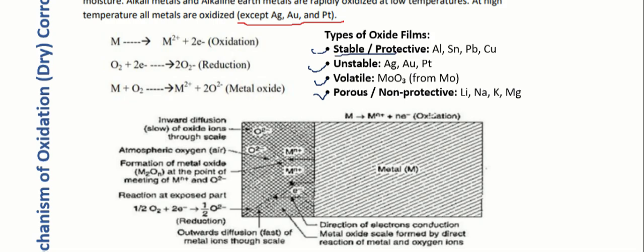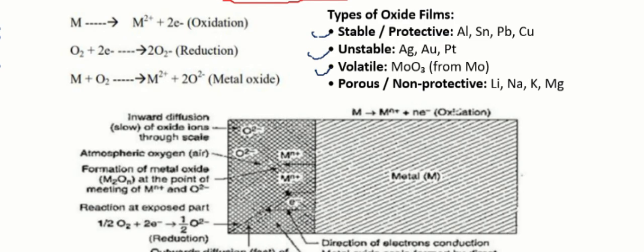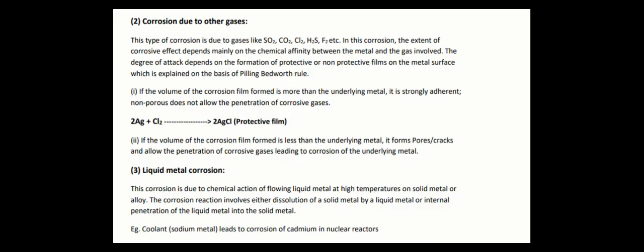And the second nature of the oxidation corrosion is corrosion due to other gases. Corrosion is not limited to oxygen. Many industrial gases such as sulfur dioxide, carbon dioxide, chlorine, hydrogen sulfide, and fluorine can chemically attack metals. The nature of attack is governed by the chemical affinity between the metal and the gas, and whether the resulting film is protective or porous.